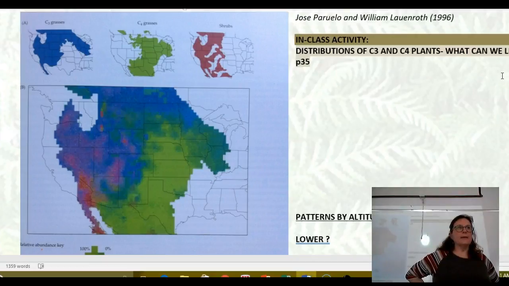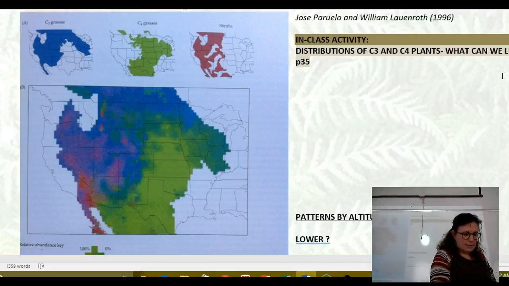Blue, green, red, distribution patterns across North America, or the United States, basically. And then when you go to B, what is B doing? So we've got color coding, and when we merge these things together, we can see where there's overlap.